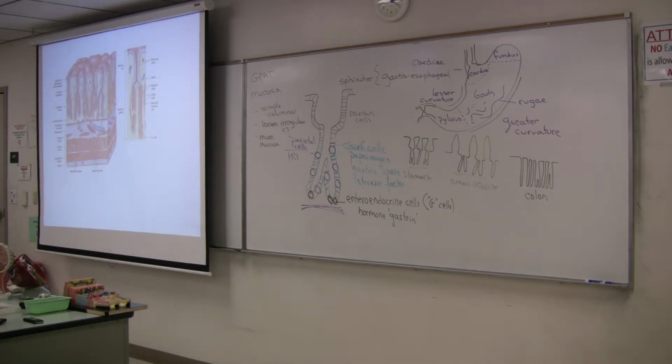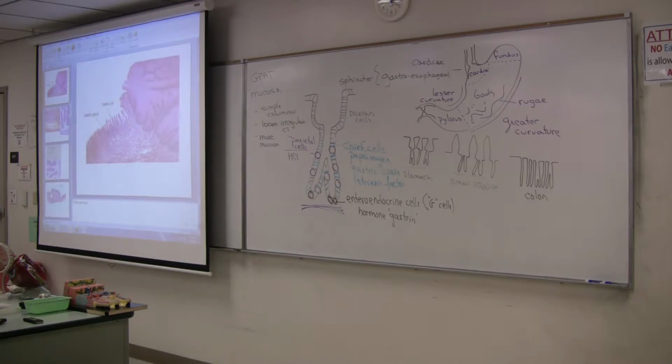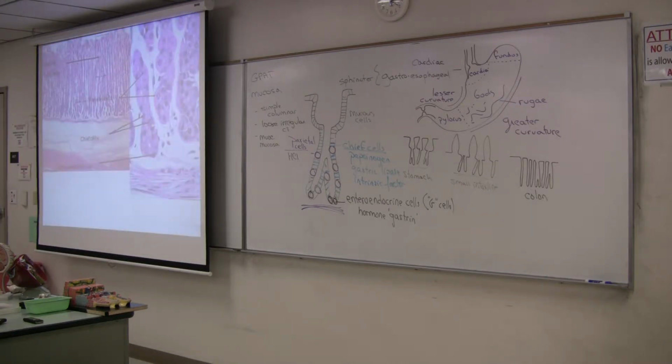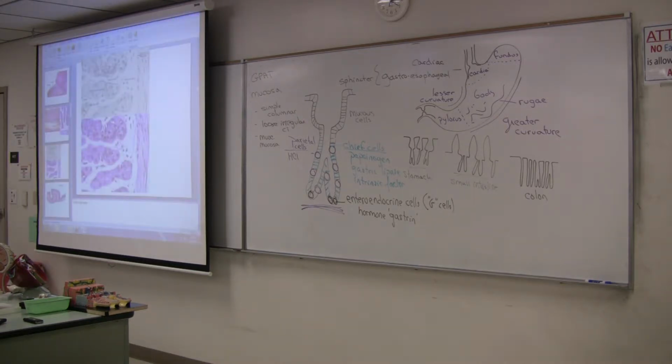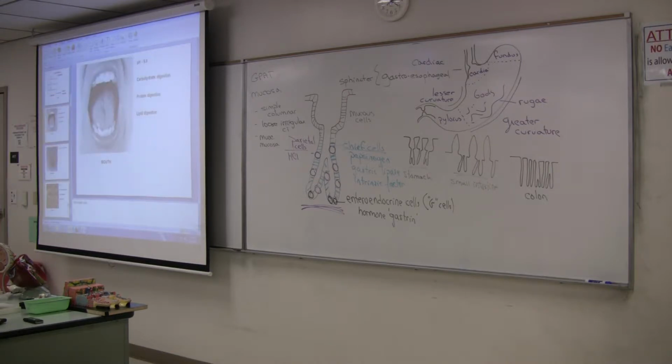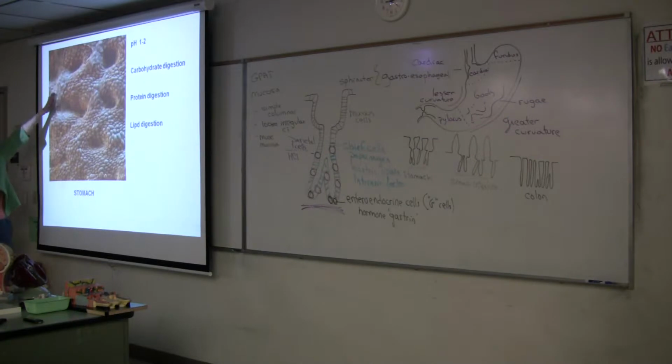Now, if you were to become really, really tiny and walk through the stomach, its surface would, actually, wrong slide. This is what the surface of the stomach would look like. So you can see the strands of mucus, and these would be the mucus cells, surface mucus cells.